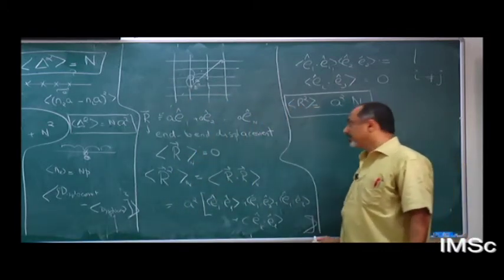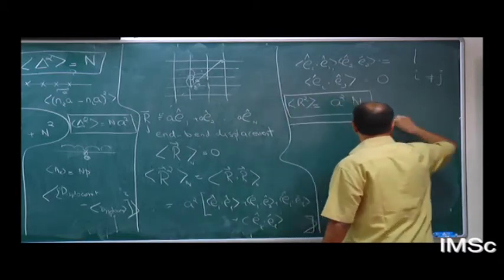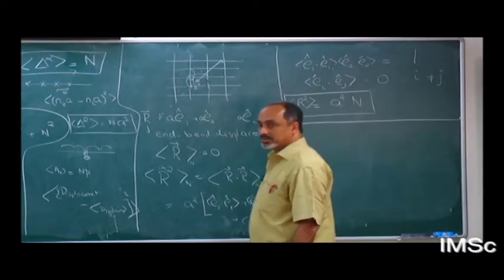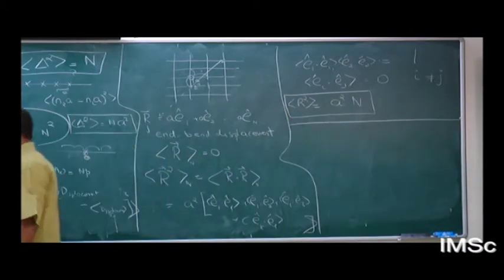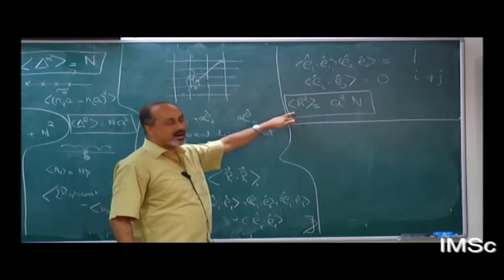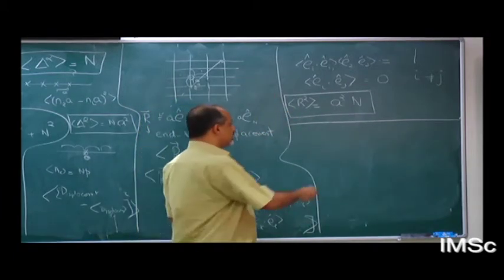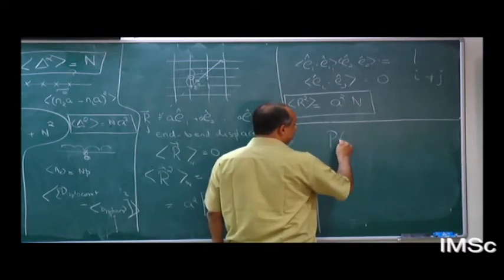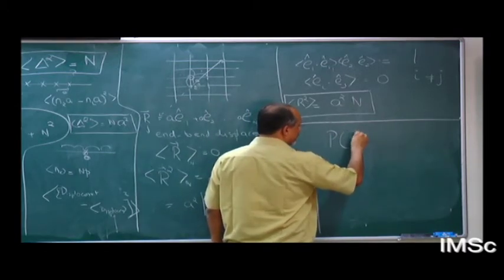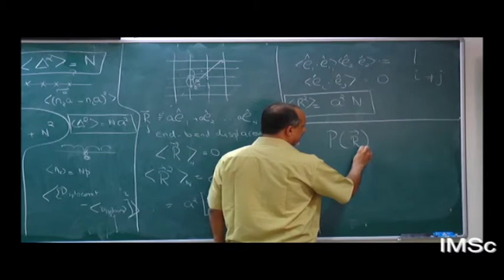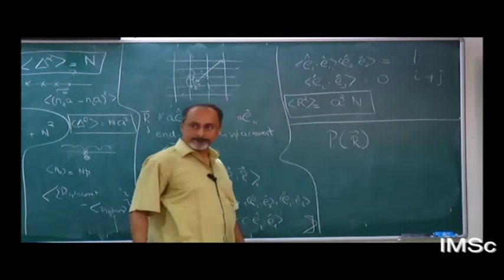Okay. So now let us be a little more mathematical about what we want to do, and try and write down an equation for the probability. Remember that here we are just calculating r squared. In general we could go to r to the power n. But all of these quantities essentially come from a quantity which is the probability distribution of the end-to-end distance r if I make n steps.